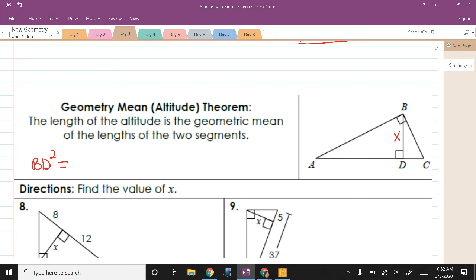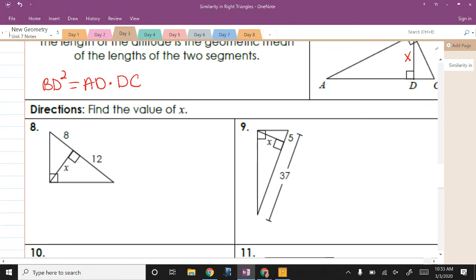So the length of AD times DC. So the altitude squared equals the length of the two segments created when it's dropped perpendicularly. Okay? It's the two segments that it splits, multiplied together. Okay? So this is actually really simple, and it's on your quiz tomorrow.